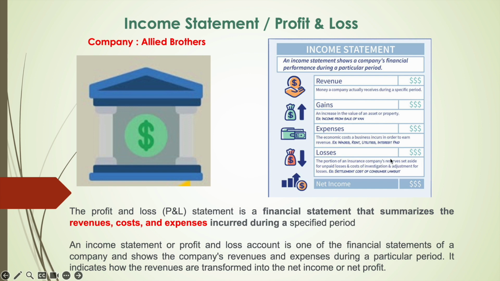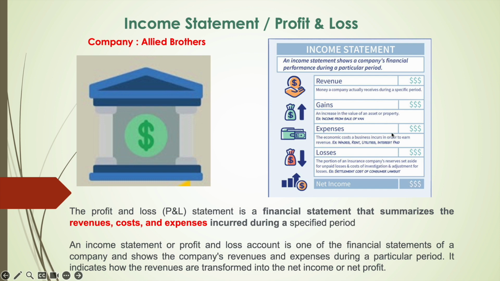Operating expenses are the costs incurred by a company in running its day-to-day operations. This includes expenses such as salaries and wages, rent, utilities, marketing, depreciation, and administrative expenses. Net income is the bottom line profit or loss of a company after accounting for all revenues, expenses, gains, and losses during the reporting period.